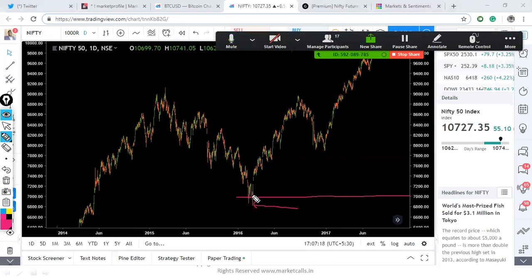And that day, the first day of the new expiry, intraday they took a plunge of almost 250 points. But even as the price was plunging, the option writers were still steady at 7,000. And at the end of the day, they again snapped back and closed above 7,000.